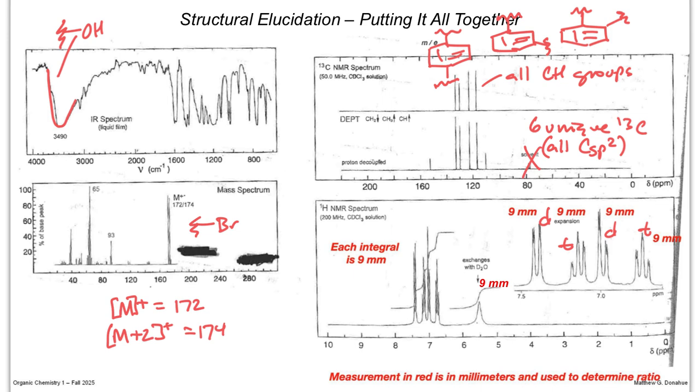So for these two, even though we're calling it a triplet, for the most part, it would probably be called a doublet of doublets, because that H and that H are not equivalent. And then just by looking at the gross or big structure of the signals, none of them is a singlet. So that's how we eliminate that. So when you're going through this data, there are different levels at which you can start rejecting claims.